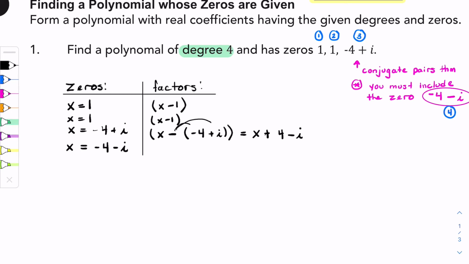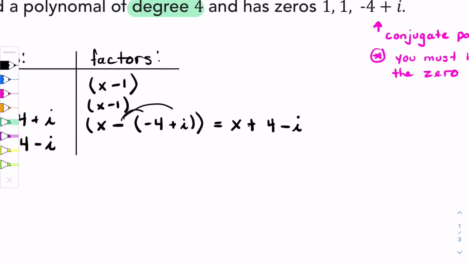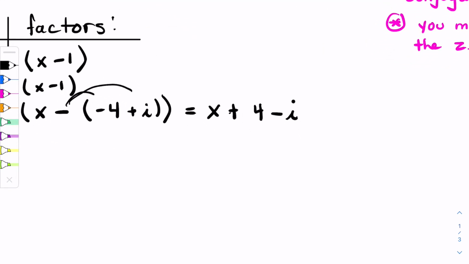Now think about this for a second. I'm just going to go off on a side note and then I'll come back. Let's just say we set this equal to 0 and we solve. We subtract 4 from both sides, we add i to both sides. So we get x equals -4 plus i.